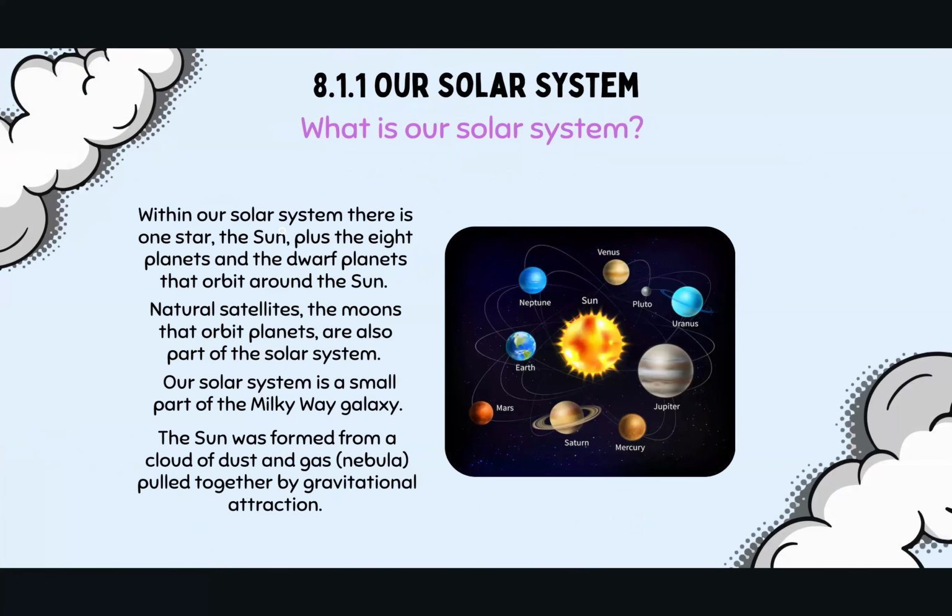Now, what is our solar system? So within our solar system, there's one star, the sun, plus 8 planets and the dwarf planets that orbit the sun. So all of these things in our solar system orbit the sun. We've got natural satellites, we've got the moons. The moon is a natural satellite that orbits planets, and they also make up the solar system.